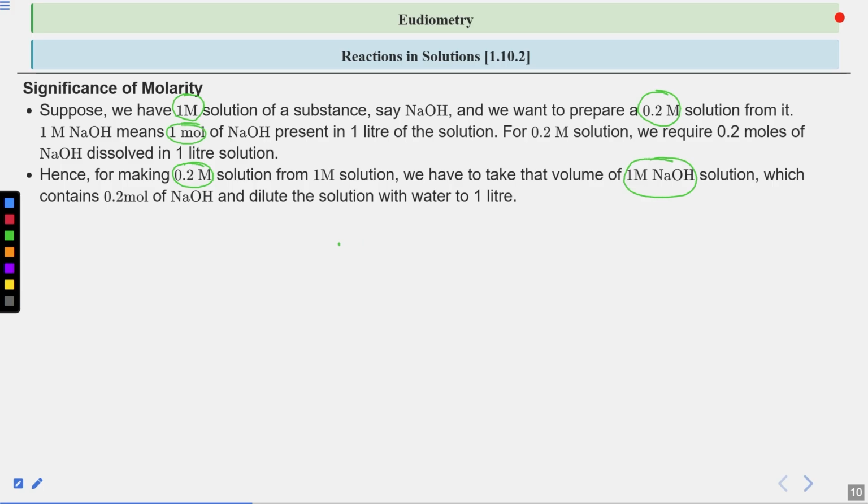Then in 0.2 liter, what will be the number of moles? It will be 0.2 mole. Has anyone any issue in this? They can ask how I have taken this 0.2 liter.